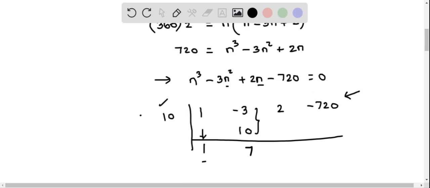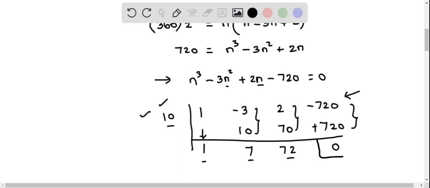Once again we multiply 10 with 7, so 10 times 7 is 70. We put this over here, and once again we add: 70 plus 2 is 72. And once again we multiply 72 times 10, which gives positive 720. So we can add these two, and we get 0.